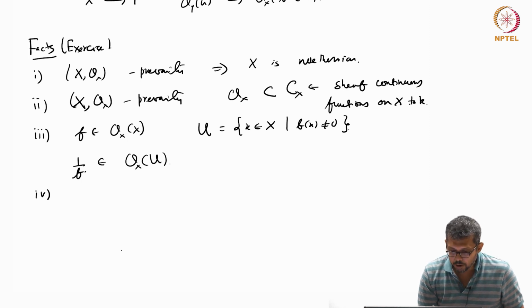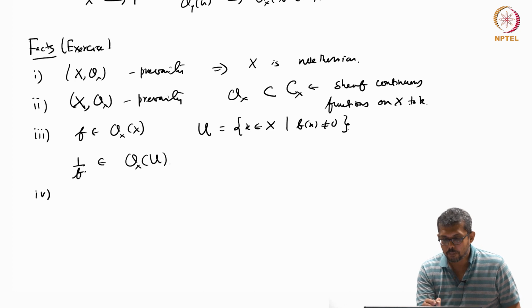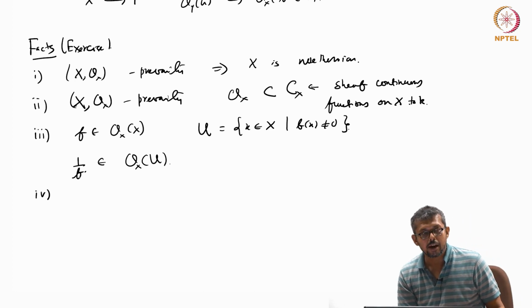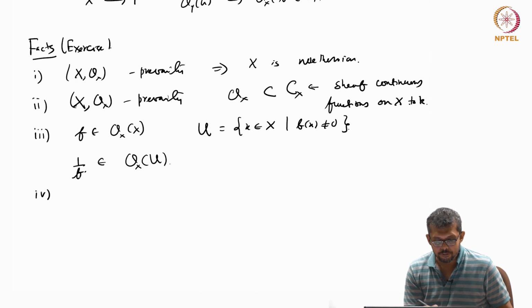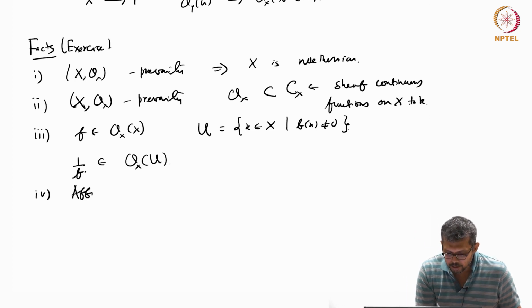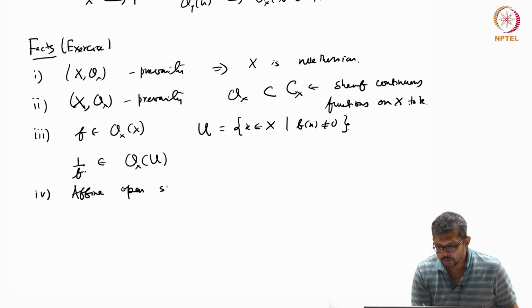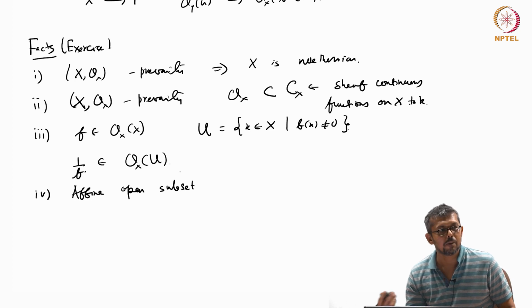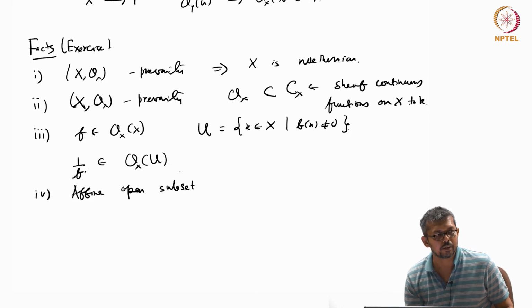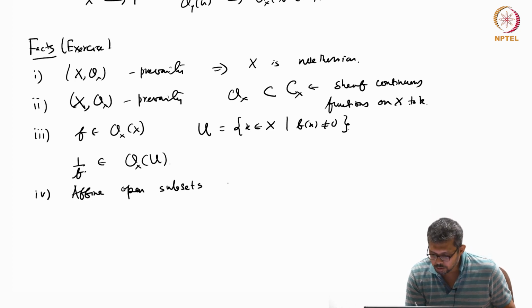And the most important thing is that a pre-variety you can write as a union of an affine open cover, and the affine open subsets form a basis of X. So what is an affine open subset of X? That means any subset of X which is isomorphic to some affine variety.